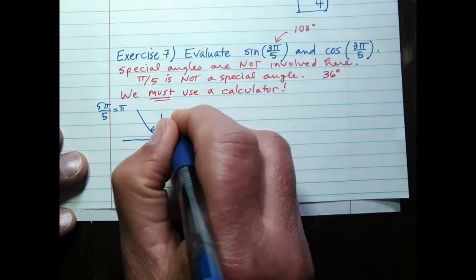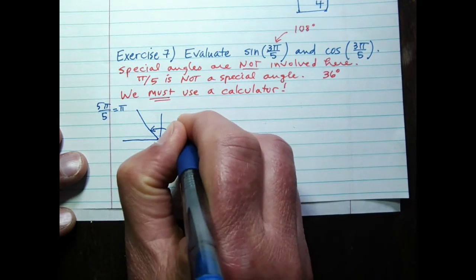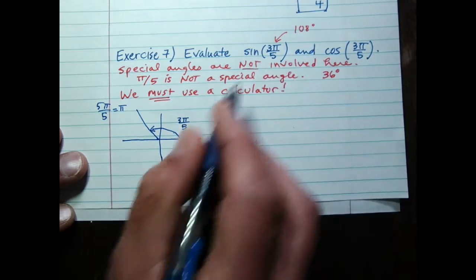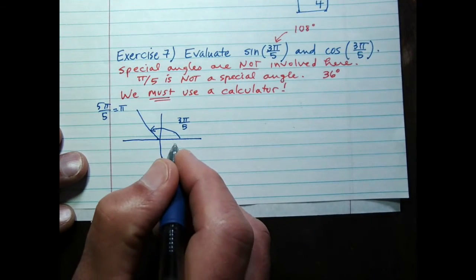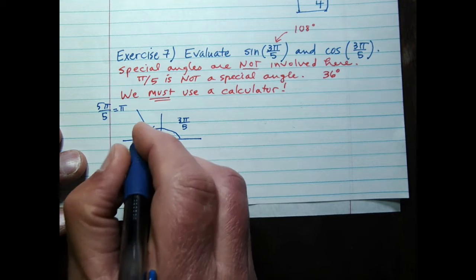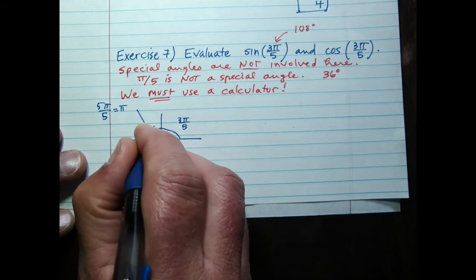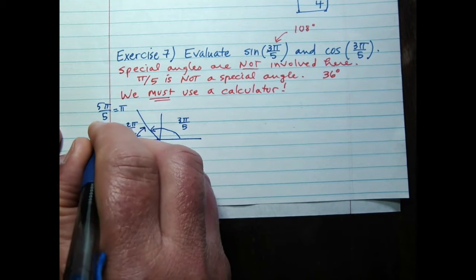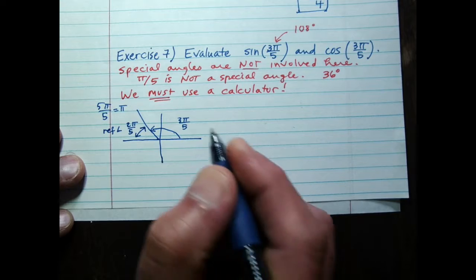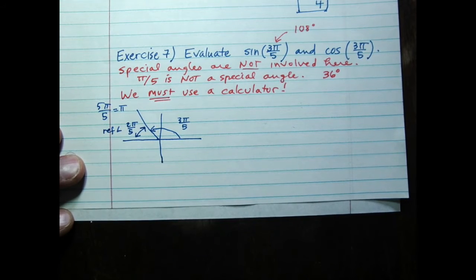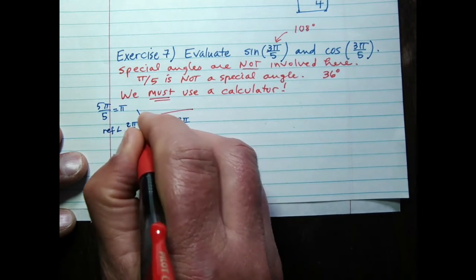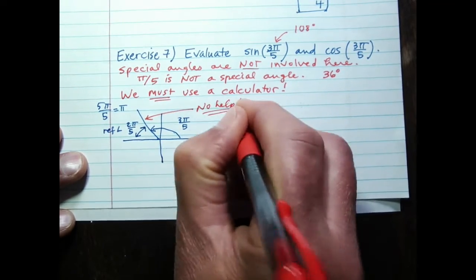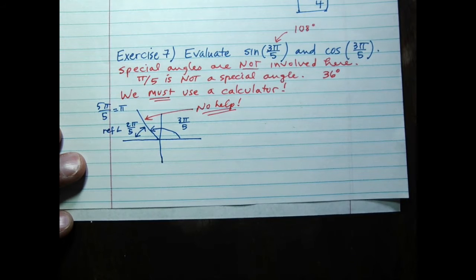So past 90 degrees. In fact, I already calculated the degree measure. And we can see the reference angle would take us to 5 pi over 5. So 2 pi over 5 is the reference angle. But this is no help, because we don't know any values of that reference angle, 2 pi over 5.